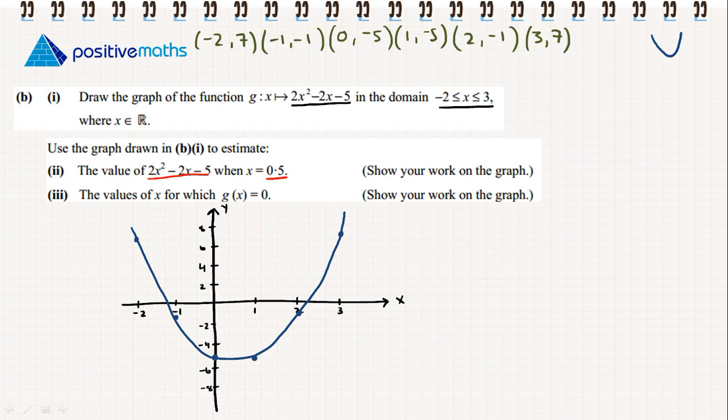So we're going to find x is equal to 0.5 first. That's when x is equal to a half. So we go to that point and then we go down until we touch the graph and we go over to the y-axis. So the value of the function when x is equal to 0.5 is approximately 5.2.